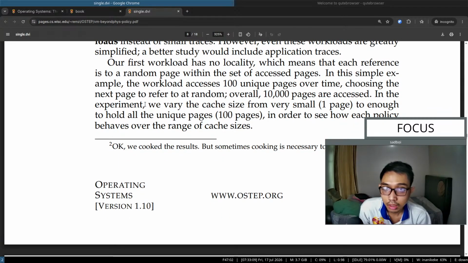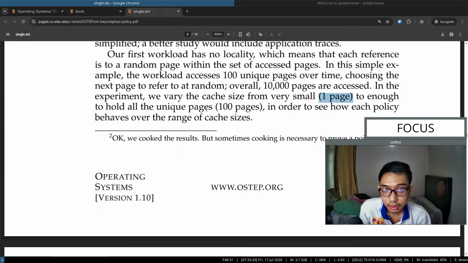In the experiment, we vary the cache size from very small, one page cache size, to enough to hold all the unique pages, which is 100 pages, right?